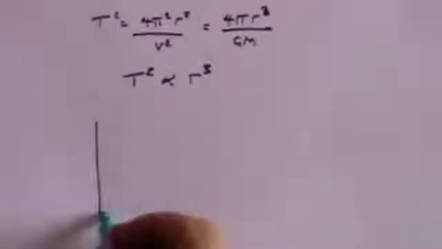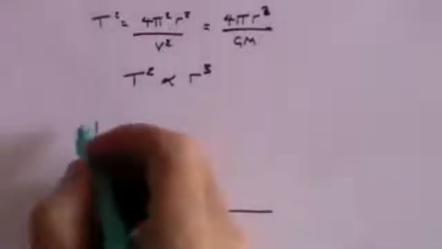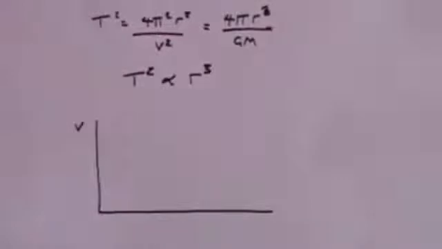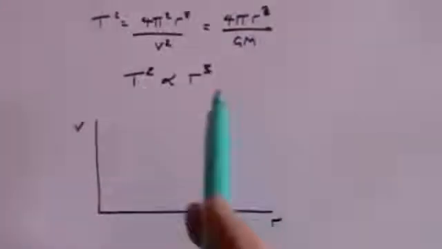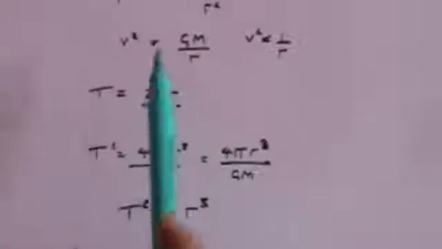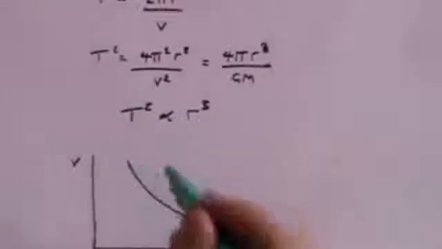If we take a graph showing v, the orbital velocity of any given planet, and r, the distance from the Sun, then you will find that the relationship is given by this formula here, and that will look something like this.